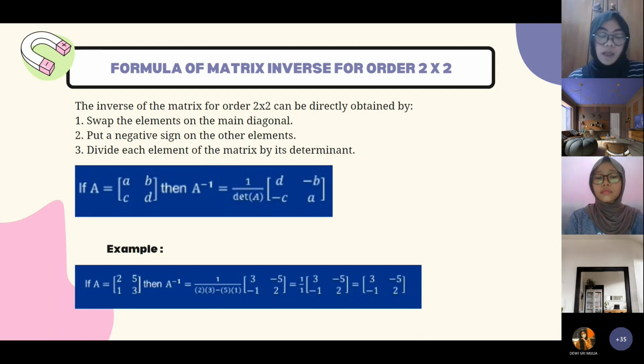For example, if A is [2, 5; 1, 3], then the inverse of matrix A is 1 divided by the product of 2 multiplied by 3 minus the product of 5 multiplied by 1. Then the quotient is multiplied by [3, -5; -1, 2], which is 1 over 1 multiplied by [3, -5; -1, 2]. It is equal to [3, -5; -1, 2].